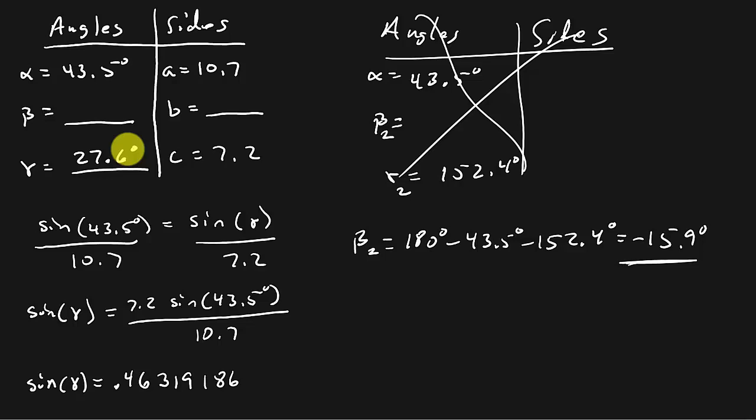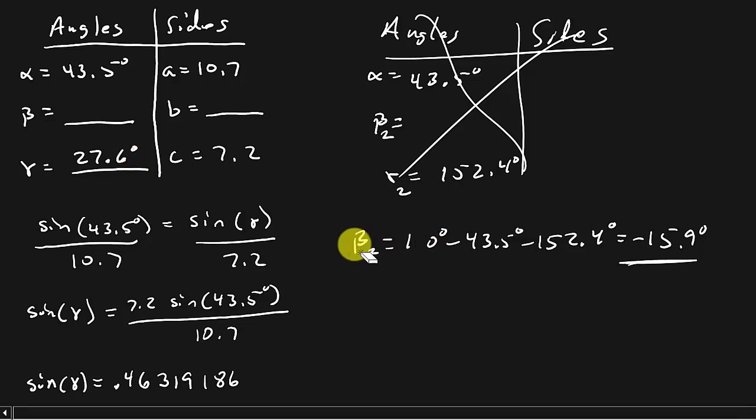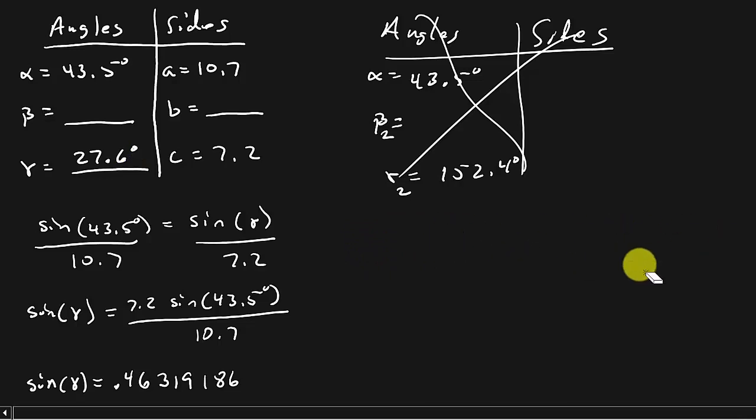Then we had no triangle. And then we had these two problems, this one and the one right before it, where there was a possibility of two triangles. In the problem before this there were two triangles, and in this one we had a possibility, but the second one didn't work out.